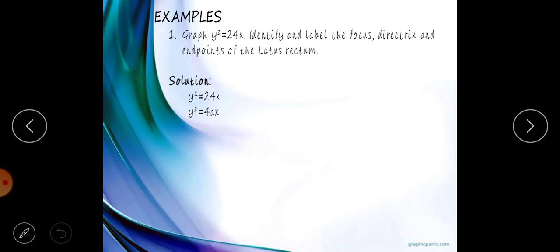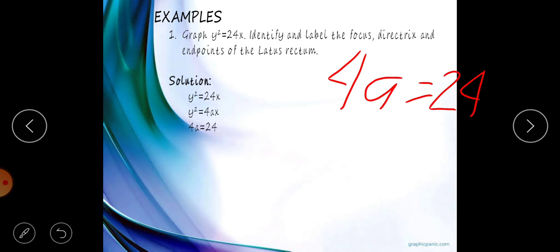To find the value of a, 4a is equal to 24 because this value of 24 is the same as in this equation.